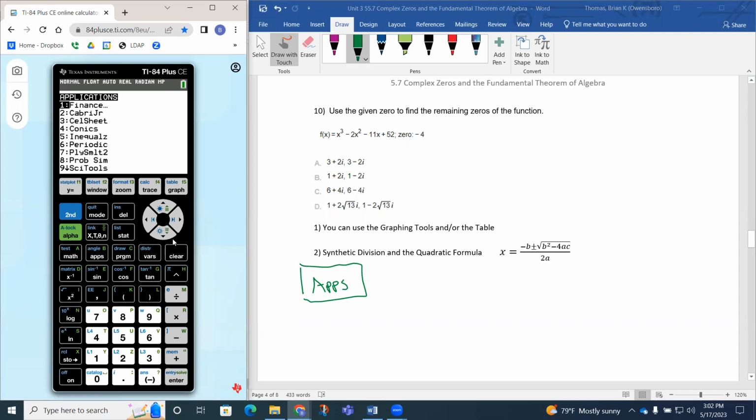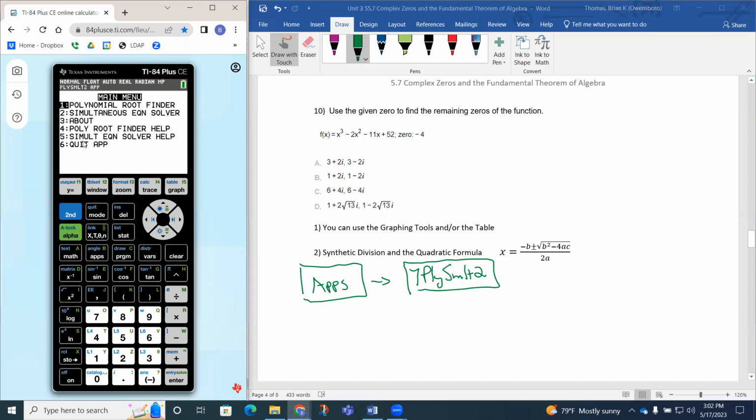Under there, we want to choose number 7, the polynomial simulator of some sort, SMLT2. If we click on number 7, notice how number 1 is this polynomial root finder. So we want to choose that.